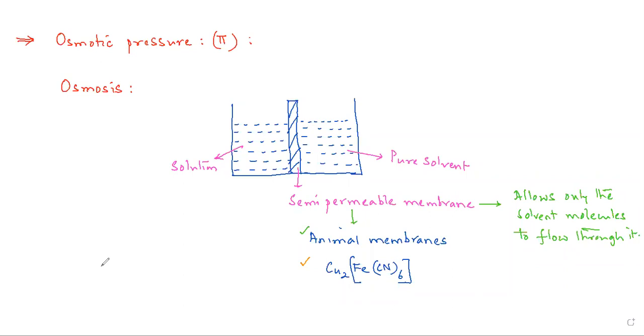Now, let me tell you what osmosis is. See, it is in fact a phenomenon in which the pure solvent flows into the solution. The solvent molecules flow from the pure solvent into the solution through the semi-permeable membrane, right?